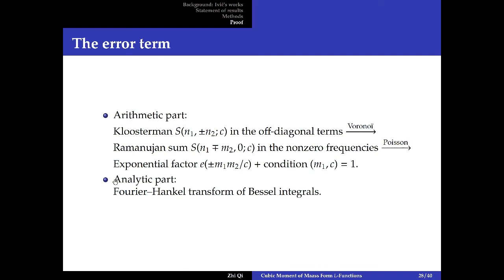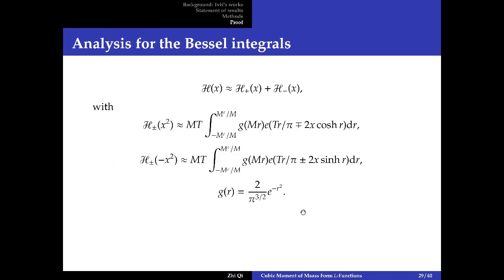And also we have this analytic part. For this part, we need to consider the Fourier transform and also the Hankel transform with respect to those two variables. So you can say it's a Fourier-Hankel transform of the Bessel integral. This is the main thing that we need to consider here.